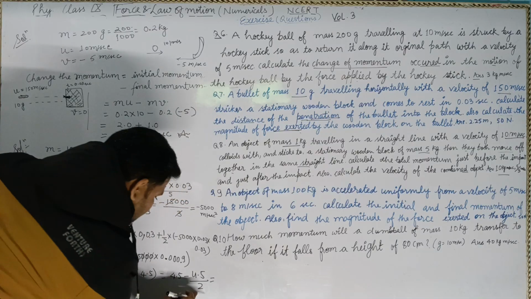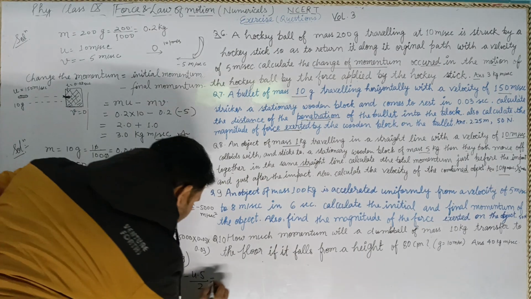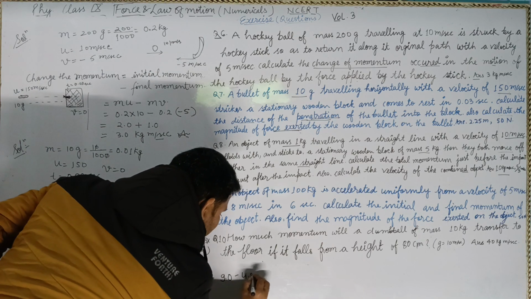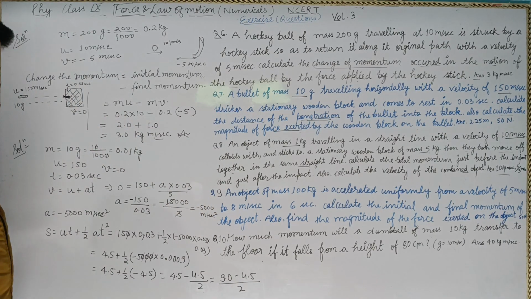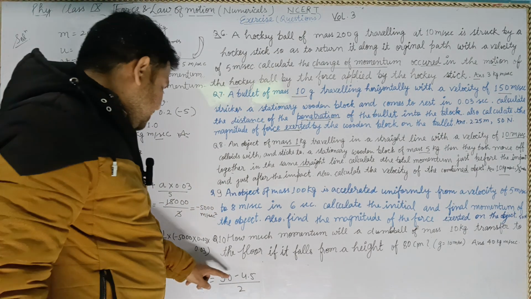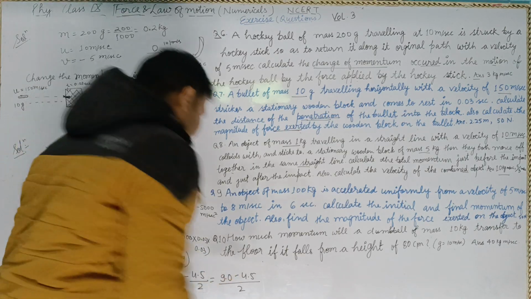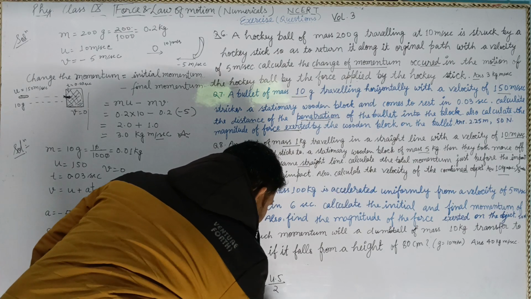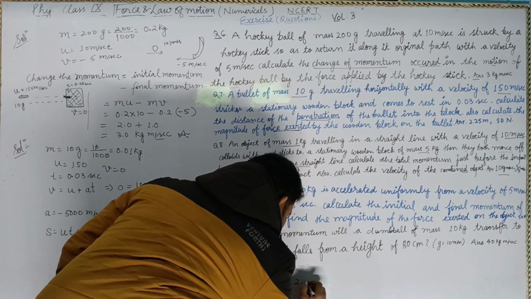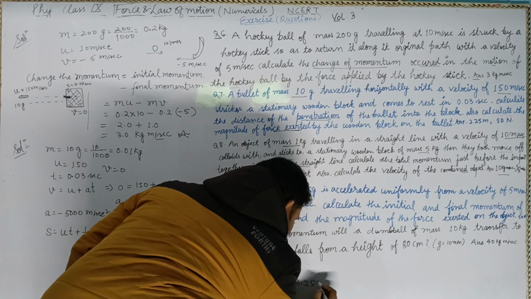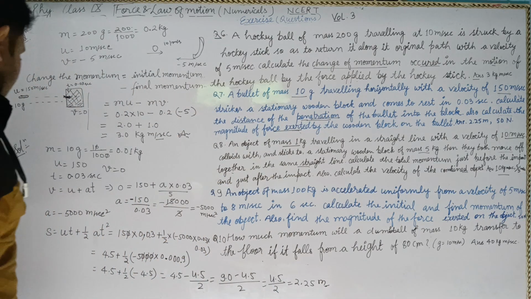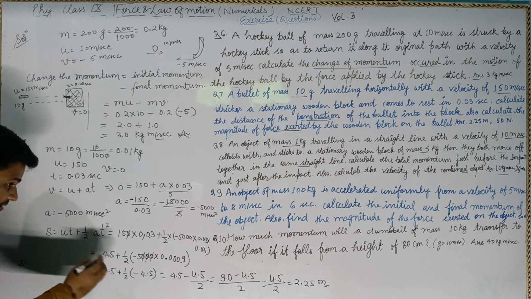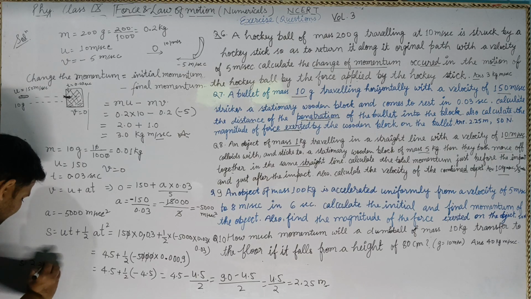We multiply 4.5 into 2, so 9.0 minus 4.5 upon 2. We subtract 4.5 from 9.0, it will be 4.5 upon 2, which is 2.25 meter. Then the distance traveled by the bullet in the block is 2.25 meter.